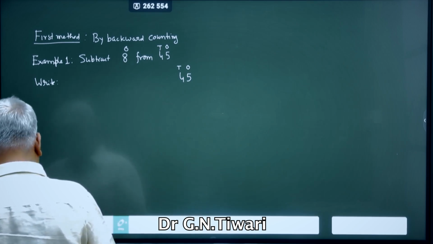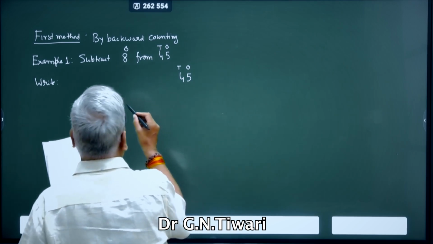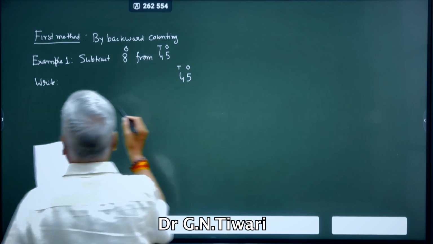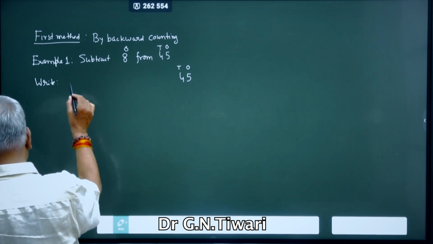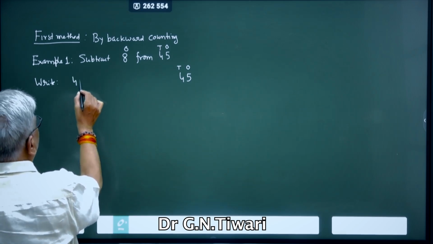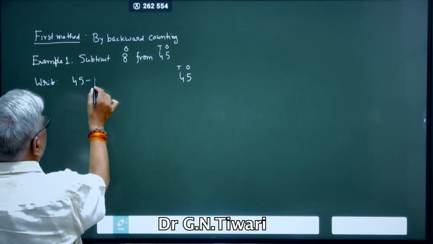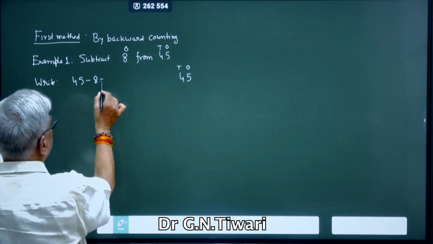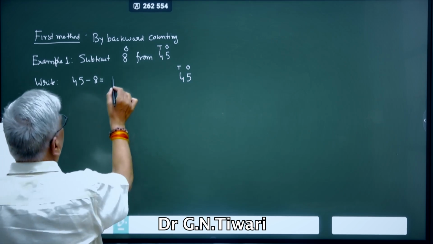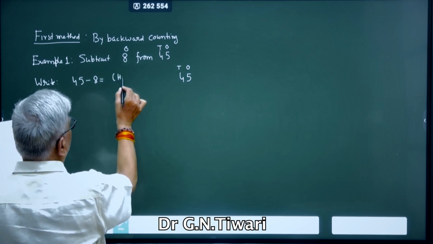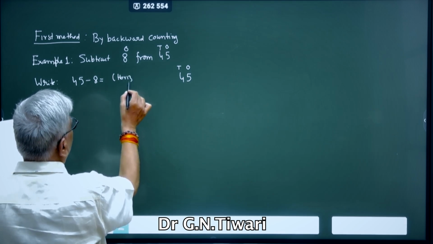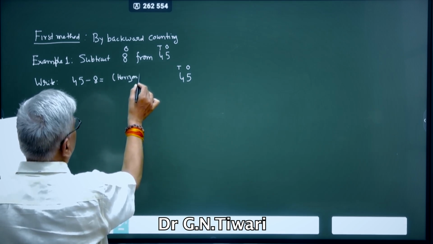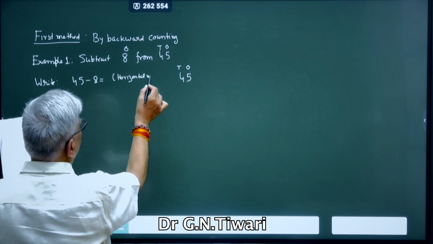And this is referred to as, if you write 45 minus 8, this is the horizontal method. Horizontal method.